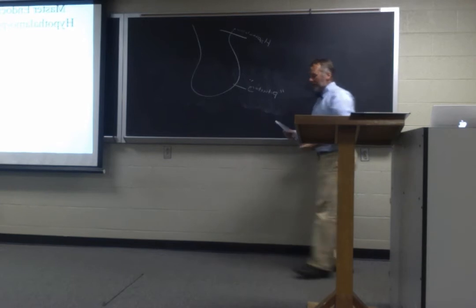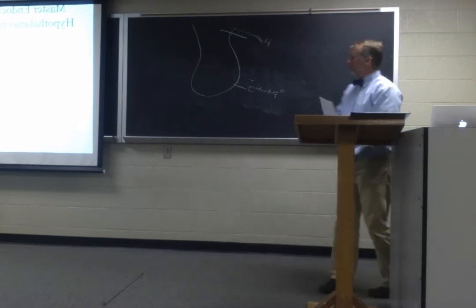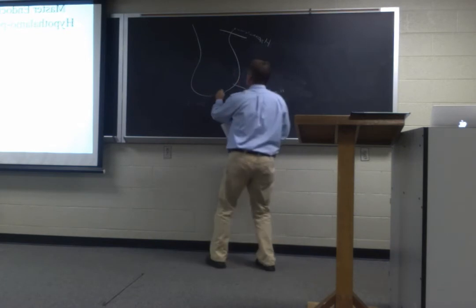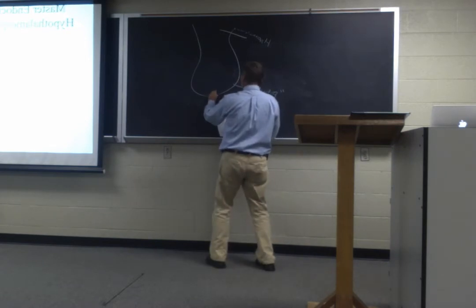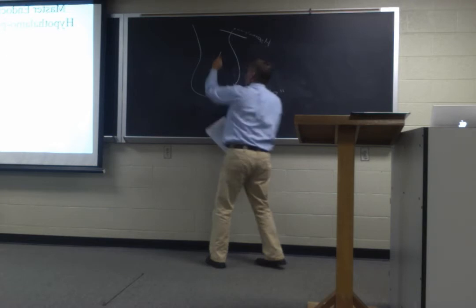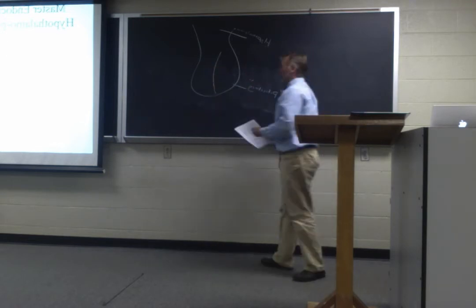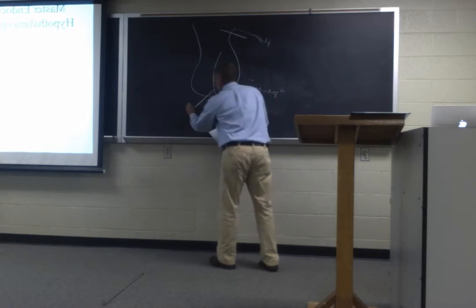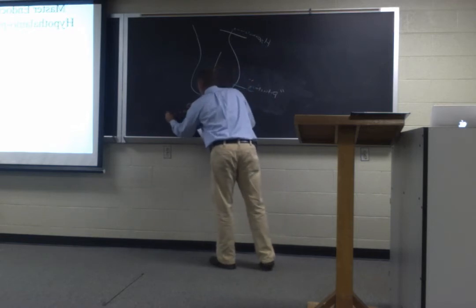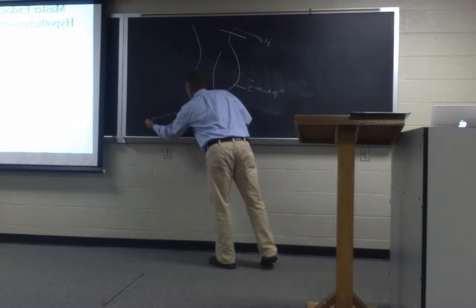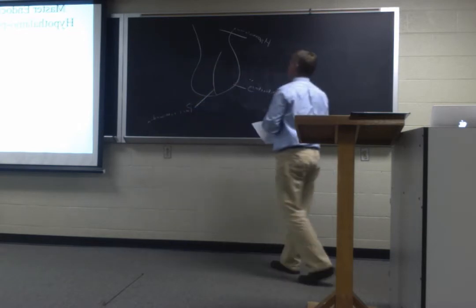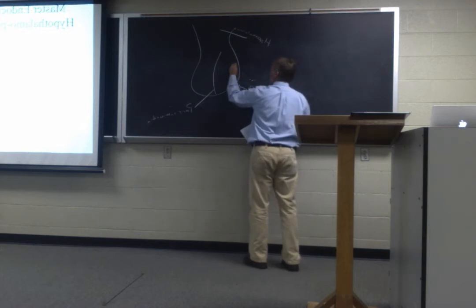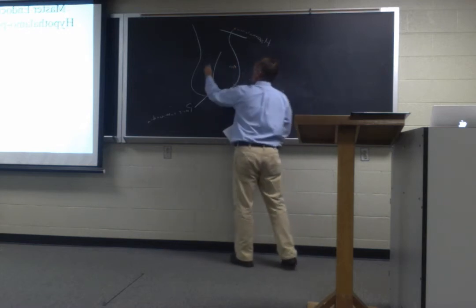Now I want to put pituitary in quotes here, because the pituitary gland itself is structurally two different glands. There is a connective tissue separation. It's called the pars intermedia. That separates the anterior pituitary from the posterior pituitary.